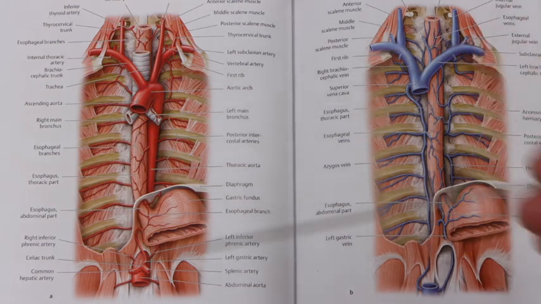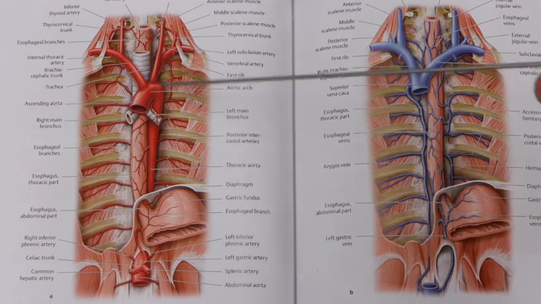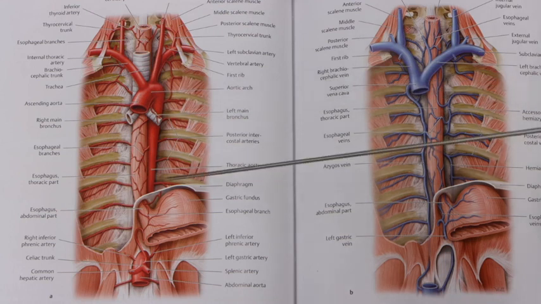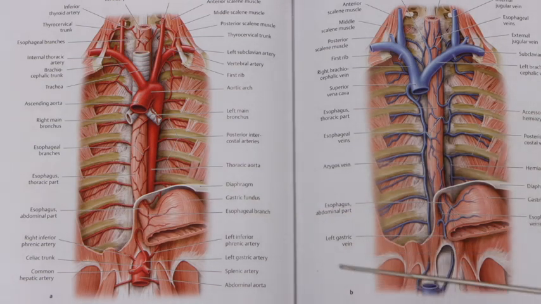Those posterior intercostal arteries supply the intercostal spaces from the third till the 11th intercostal space, and the space below the 12th rib, which is called the subcostal space, is supplied by the subcostal artery.